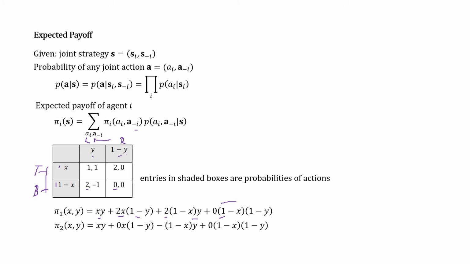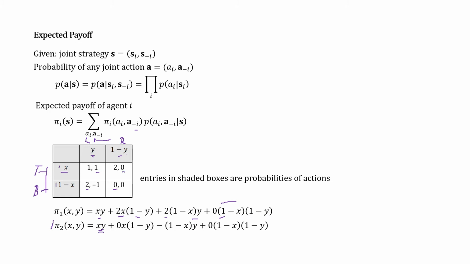And likewise, for the second agent, the payoff for top left is 1, and the probability of that action is xy.